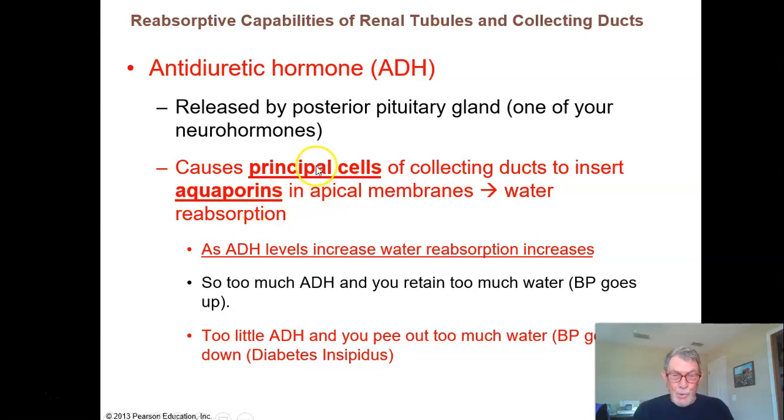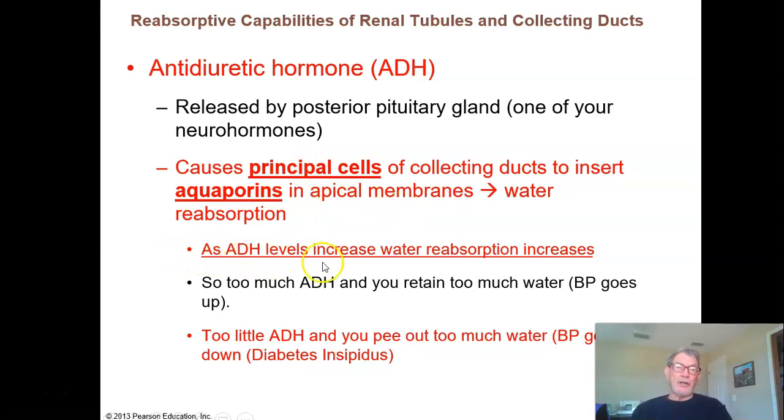They actually move to the membrane, open up, and let water through. Remember, antidiuretic means less pee. If you don't have this, you pee too much. If you have enough of it, you control the amount of pee so that you can retain water. Antidiuretic hormone retains water by opening aquaporins so the water can be pulled back into the blood more easily.